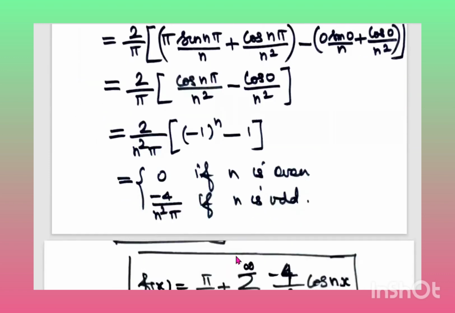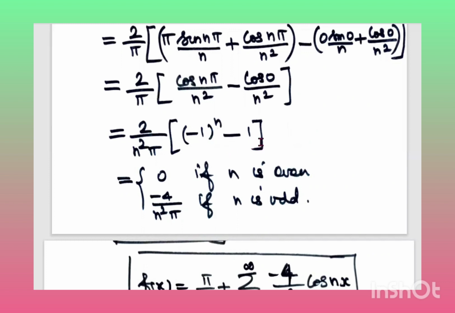So therefore, if n is even, minus 1 power n minus 1. For n even, minus 1 square, minus 1 power 4, minus 1 power 6, minus 1 power 8, these are even numbers, 10, 12, 14, 16, etc. So minus 1 square will be plus 1, then minus 1, so 1 minus 1, if we add, it will give 0.